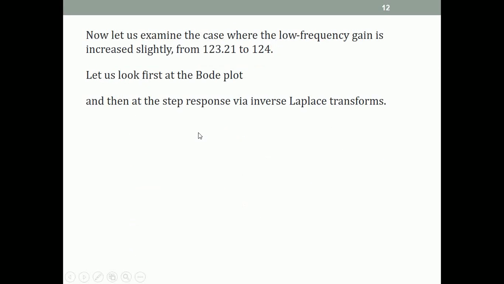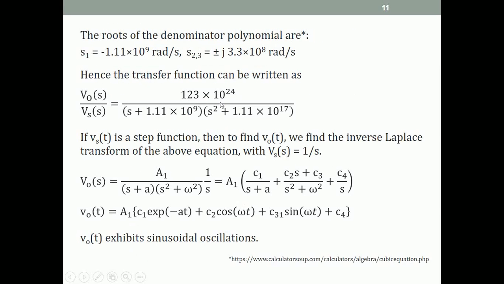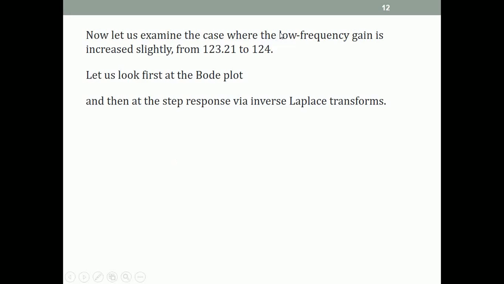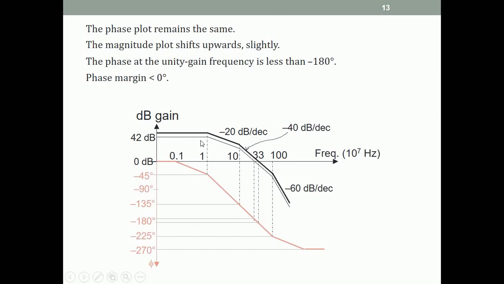The phase plot here, where is it? This one. The phase behavior is independent of the gain. The gain does not do anything to the phase plot. So here we are changing the magnitude of the gain, so the magnitude Bode plot shifts up, phase plot stays the same.